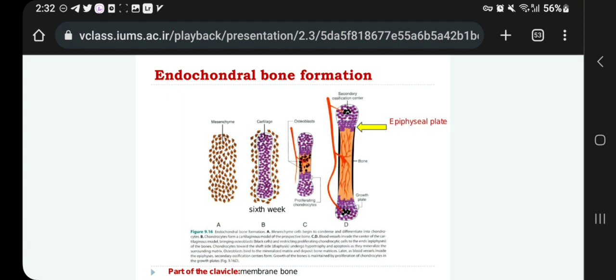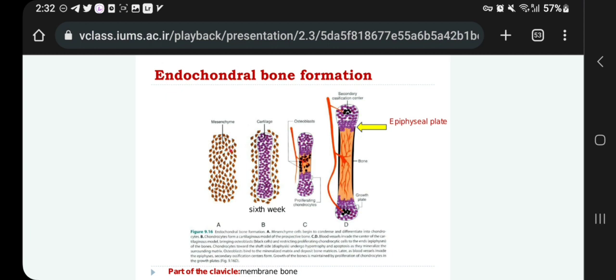But how is the cartilage formed? The cartilage differentiates from the mesenchyme. That mesenchyme comes from the myotome and the sclerotome. The mesenchyme can differentiate to bone, cartilage, and connective tissue.